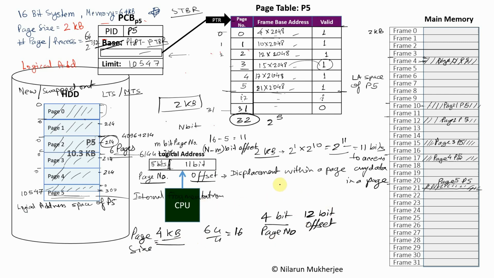Also we can go by 4 KB meaning 2 to the power of 2 into 2 to the power of 10. So we have 12 bits, 2 to the power of 12, as offset to address any data within that page, and 4 bits reserved for accessing the page number.